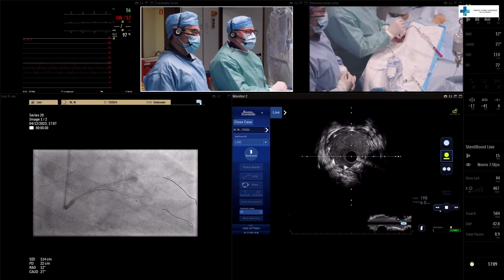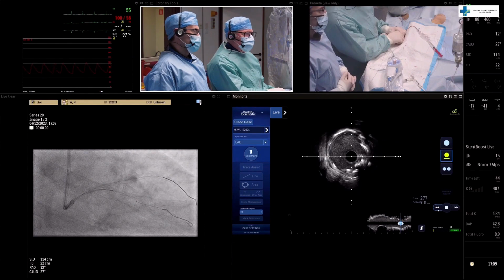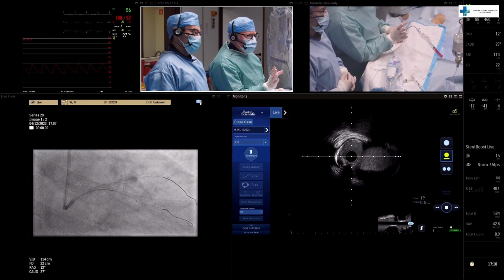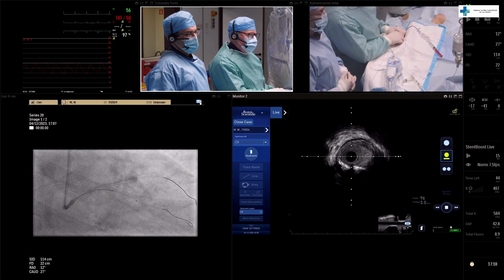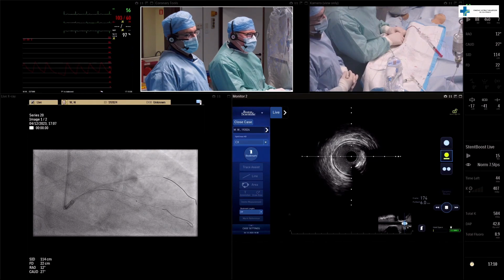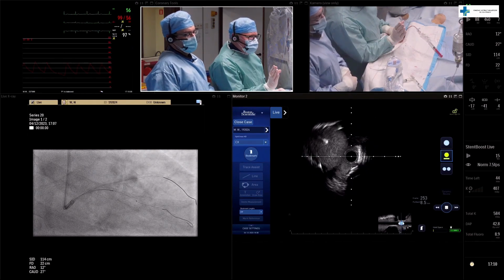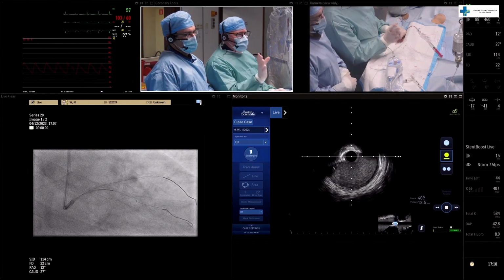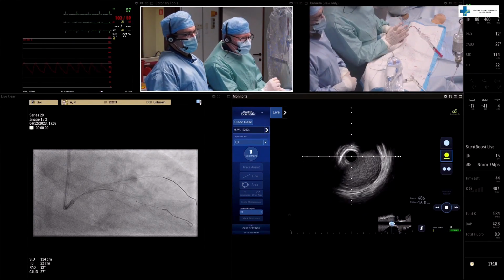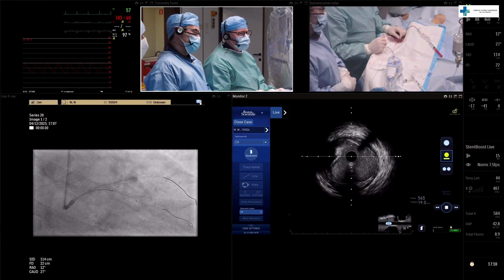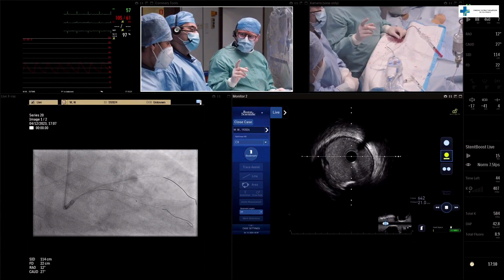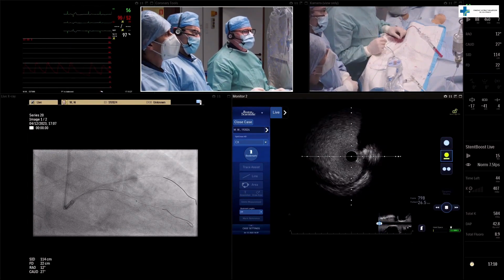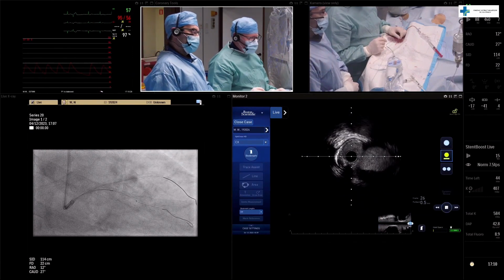Now we can look at the pullback which we did from the circumflex, which is, I believe, also very interesting. We started at the bifurcation site, and this is the proximal circ, not touched yet. Only, and this is very important, only dilatations of the IVL balloon in the left main and delivery of the IVL energy also produced calcium cracks in the ostium of the circ, so maybe it will also facilitate our strategy of provisional stenting, we will see.